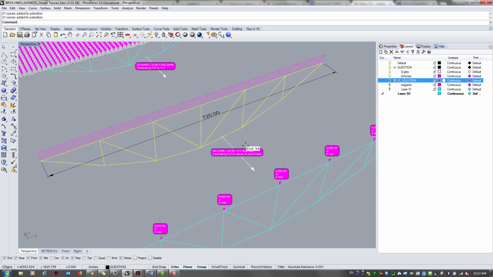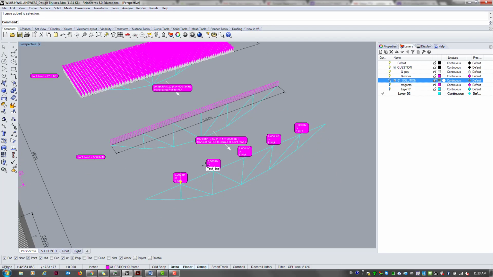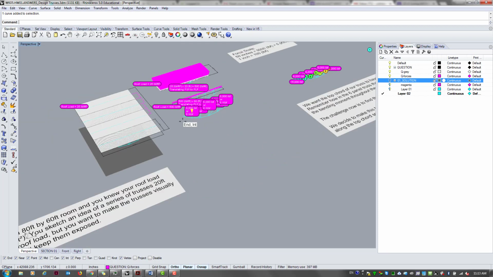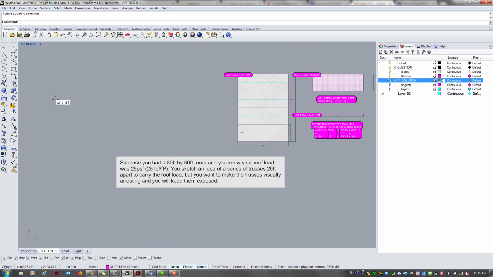So you have 30,000 pounds for this entire truss, and we're dividing that equally by 5 so that it turns into these 5 equal point loads. So each of these point loads is 6,000 pounds. Is that okay? Right? So I went through that really quickly, because that's not the main thing that I want to talk about.